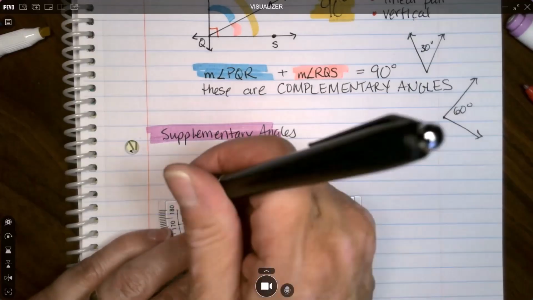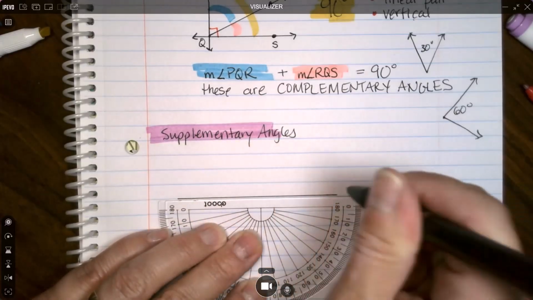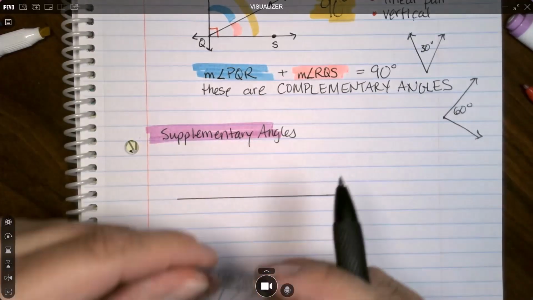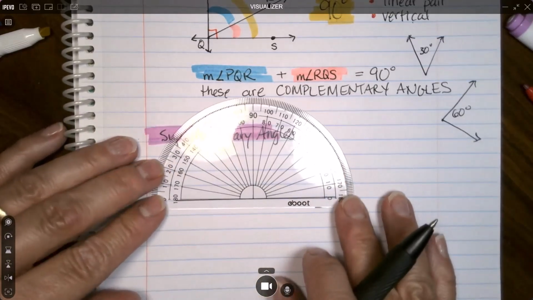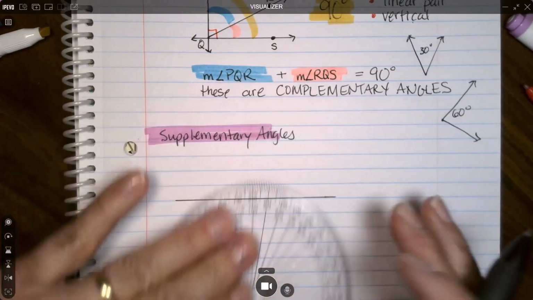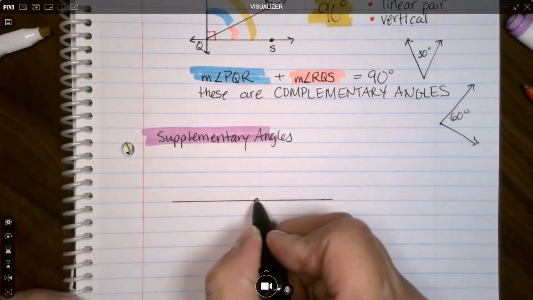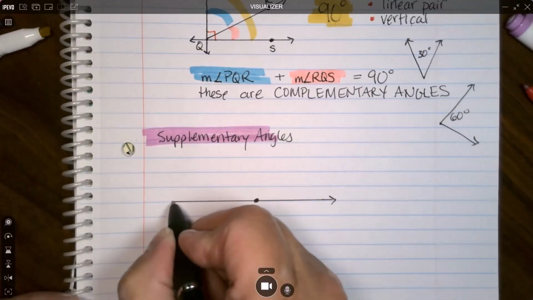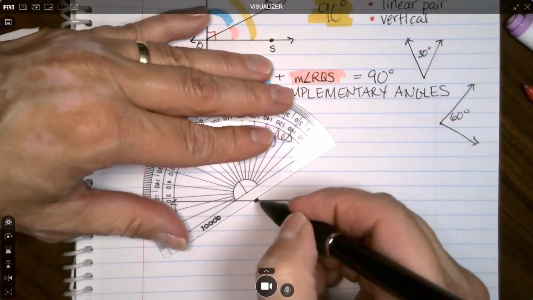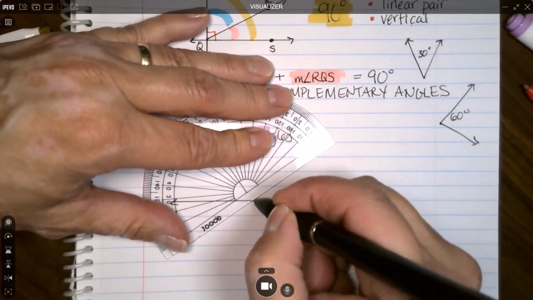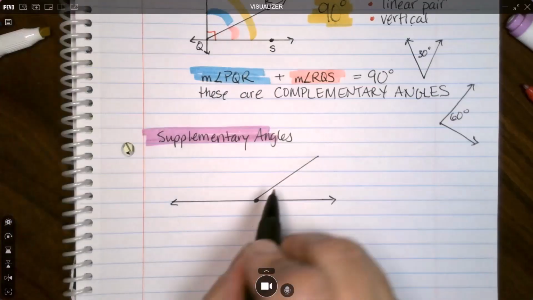So you start by drawing a straight angle, which looks like a straight line, but if we were going to measure it, it would be 180 degrees. Then you add a ray. Put it anywhere you want to. It can point in any direction.